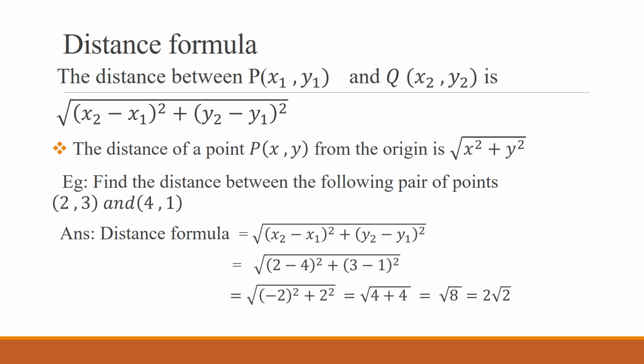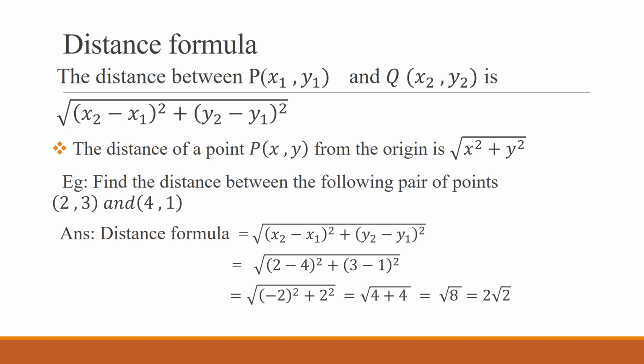Let us see some examples. First question. Find the distance between the following pair of points (2, 3) and (4, 1). Here we are going to apply the distance formula, that is, the square root of (x2 minus x1) whole square plus (y2 minus y1) whole square. We subtract the x coordinates and square it, again subtract the y coordinates and square it, and add those.